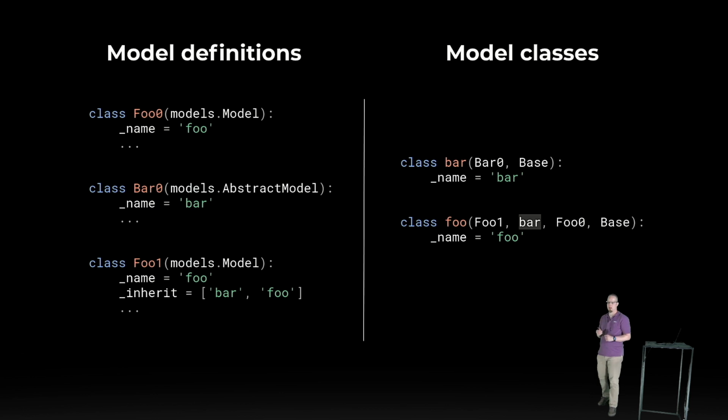The base class there is actually a special model. It's a model called base, simply. And there's just a little trick in the definition of the models so that all model classes actually inherit from that model class, except the base itself, of course. This allows, you see that base is the last in line in the ancestors order.